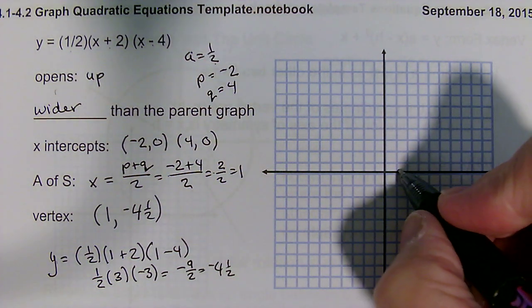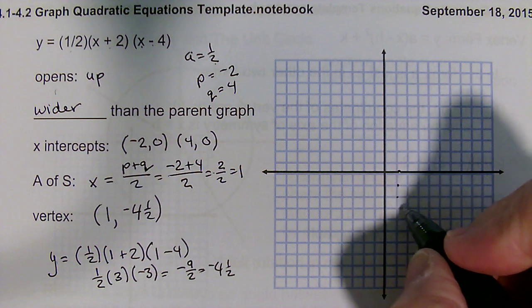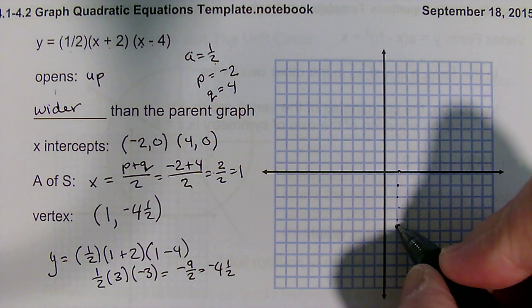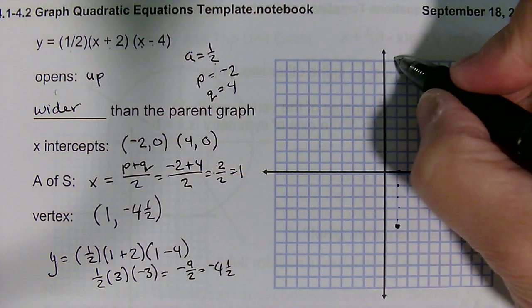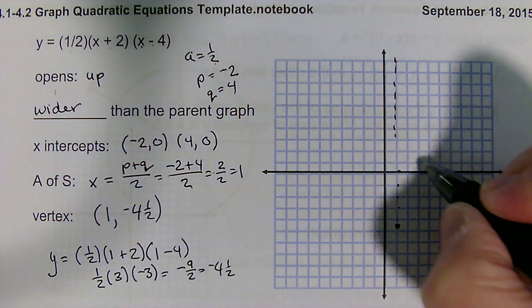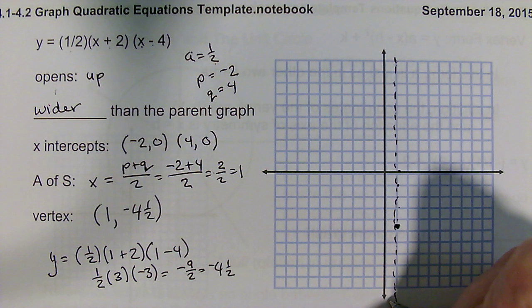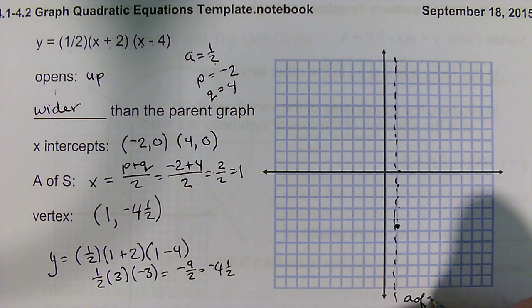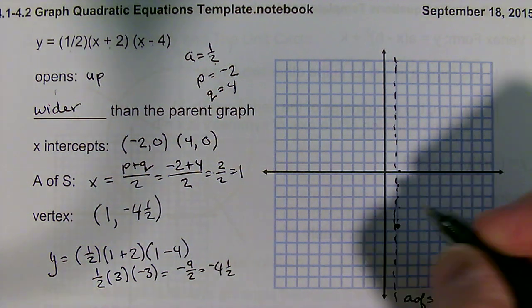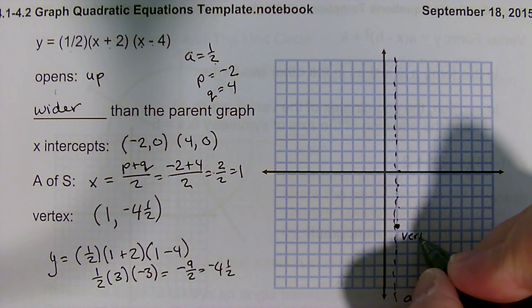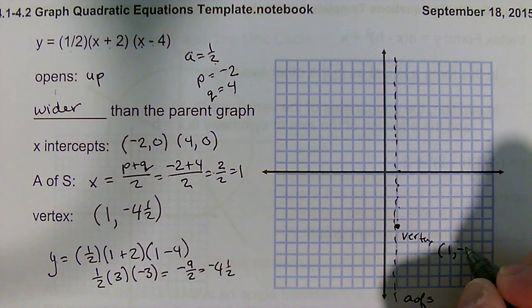So 1, -1, 2, 3, 4 1/2 is my vertex. And my axis of symmetry goes through that vertically. So that's x equals 1. The vertex here is (1, -4 1/2).